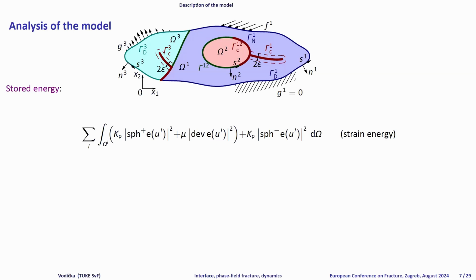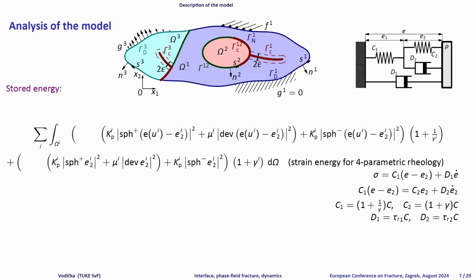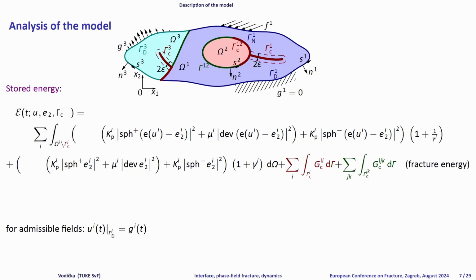For example, here we use a split of strain into spherical and deviatoric parts to distinguish tension and shear. Of course, the model may also include some kind of rheology, but it is not important in this explanation for today. What is important is the energy related to cracks, which introduces fracture energy, related not only to bulks, but also to the interfaces.